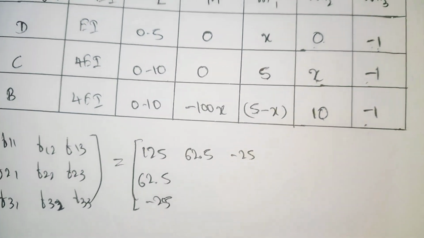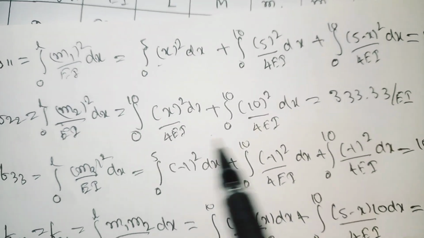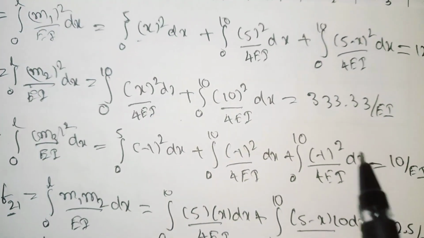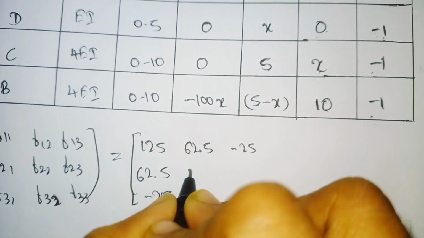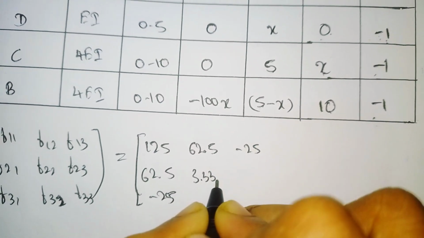And f22 value we got was 333.33, so 333.33.